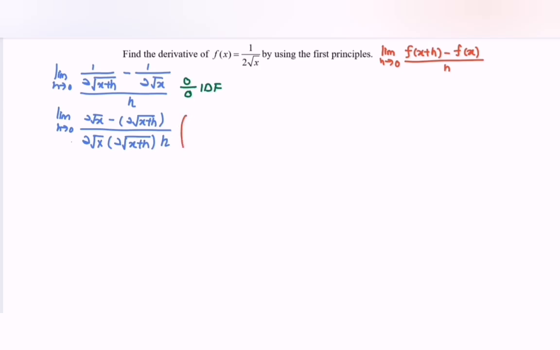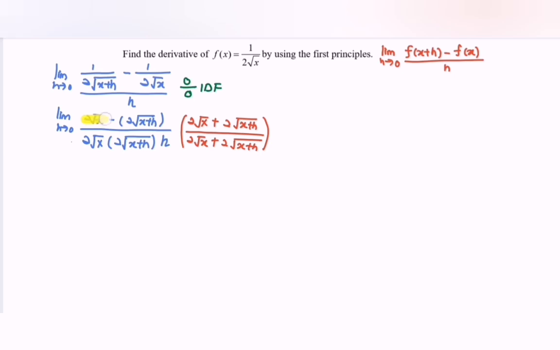So here we have 2 square root of x plus 2 multiplied with the square root of (x plus h), over 2 square root of x plus 2 square root of (x plus h). Notice that we only expand one part, which is the numerator. Do remember to make use of the formula a squared minus b squared.